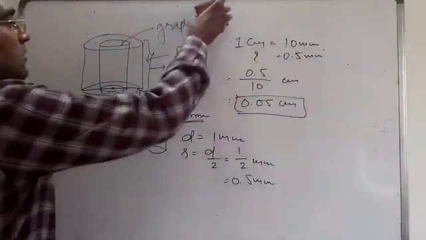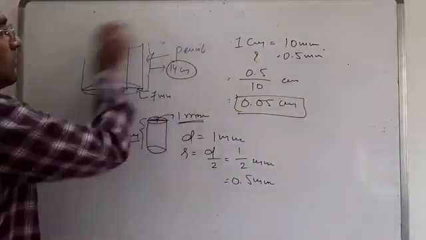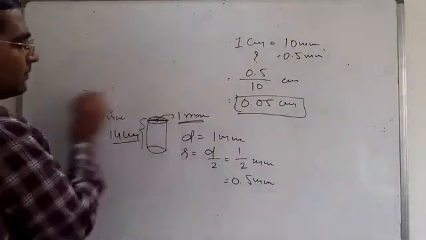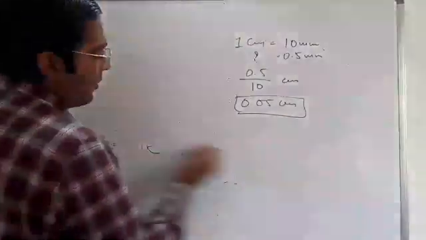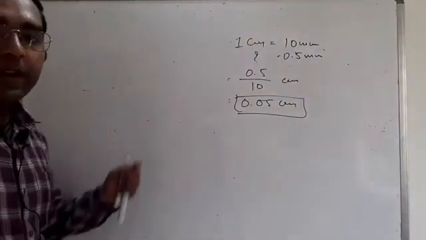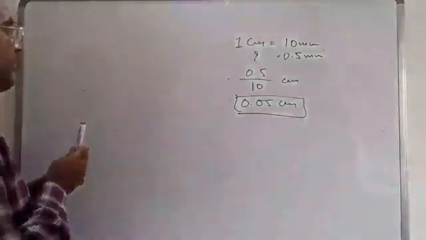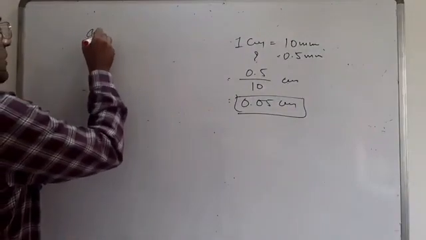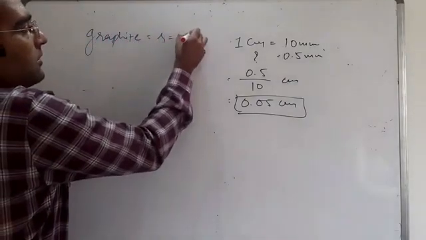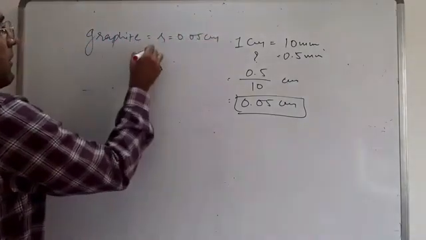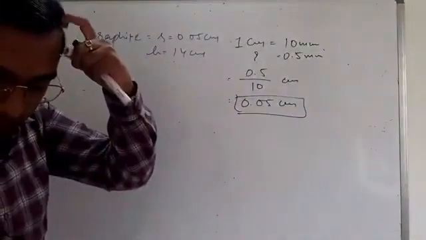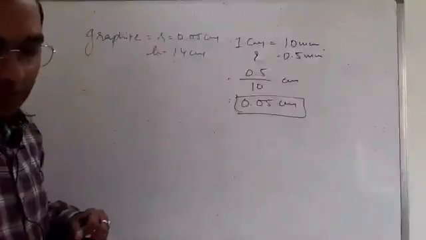From all of these we know the radius of the graphite and the height of the graphite. For the graphite, my radius is 0.05 centimeter and my height is 14 centimeter.